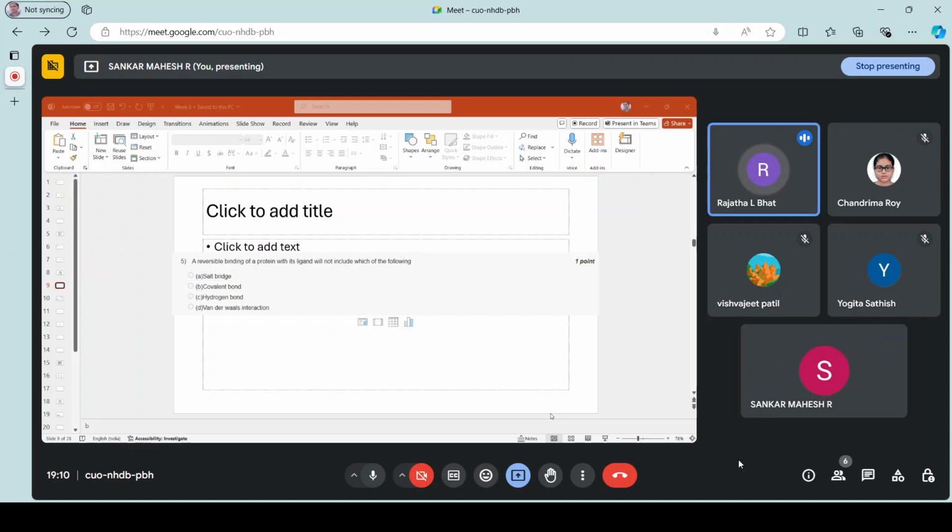The hydrogen bond is a weak non-covalent interaction between a hydrogen and an electronegative atom like oxygen or nitrogen. Since it's a non-covalent interaction, it is weak and also reversible. Okay. And the others, Vishwajit and Yogita?